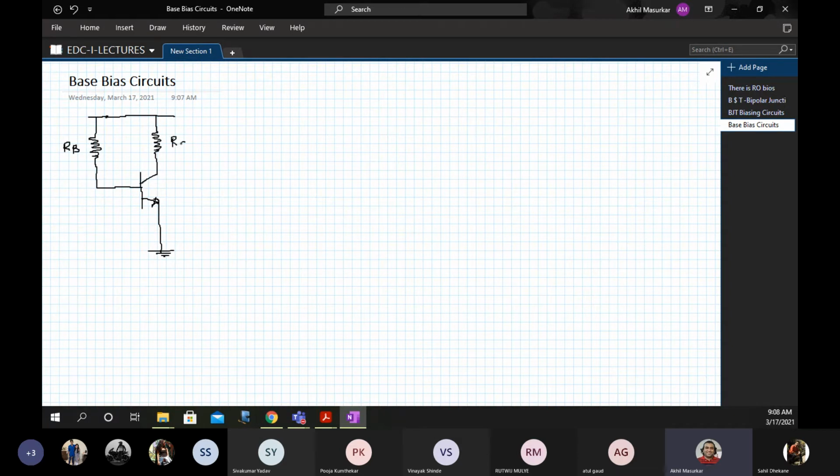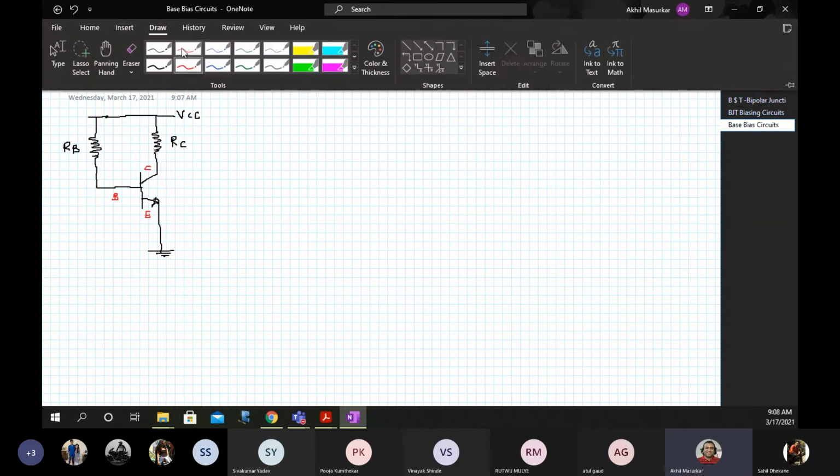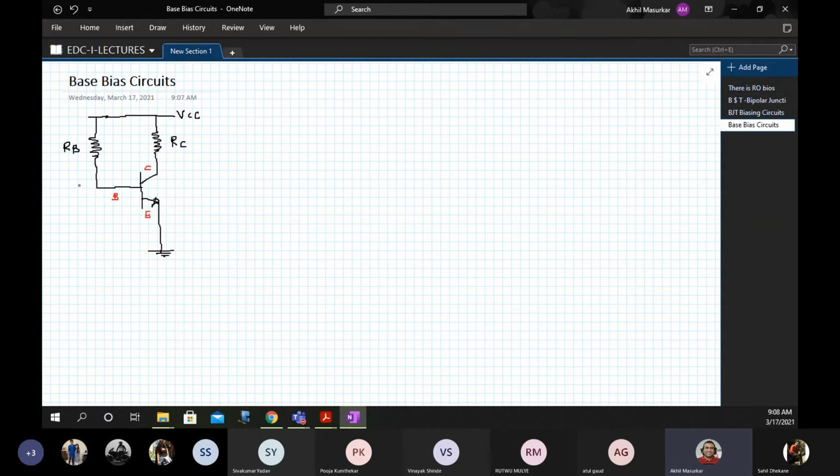RB, RC, VCC. This is base, collector, emitter. This is IB, IC, and IE.